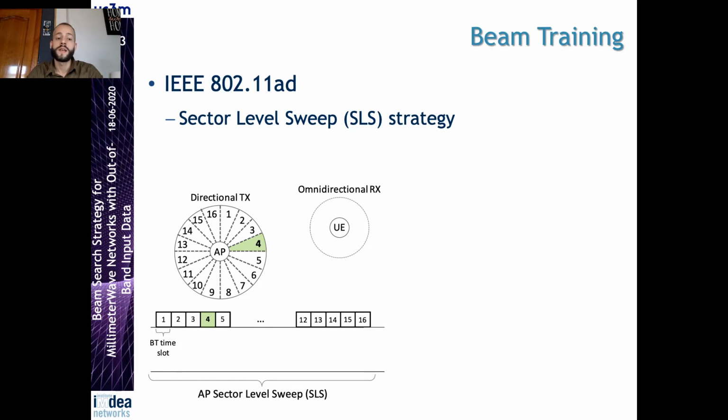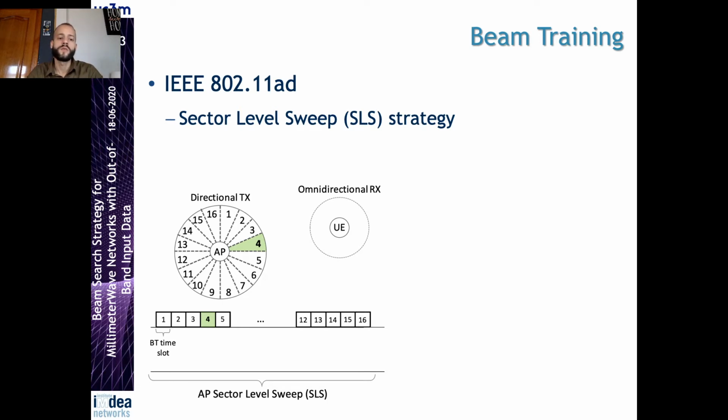More specifically, the SLS comprises two phases, the access point SLS and the user SLS. During the access point SLS, as you can see in the picture, the access point switches across all the sectors and transmits training frames marked with sector identifiers.